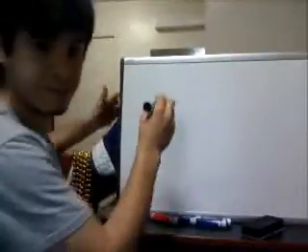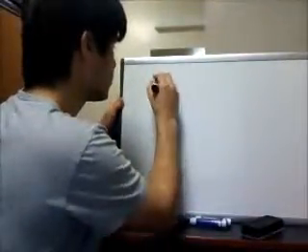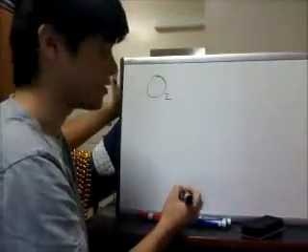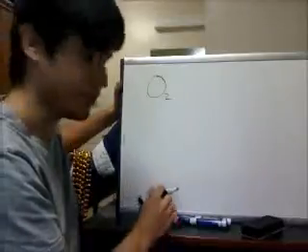Let's look at O2. Each oxygen has 6 valence electrons, so we're going to have 12 valence electrons in O2.